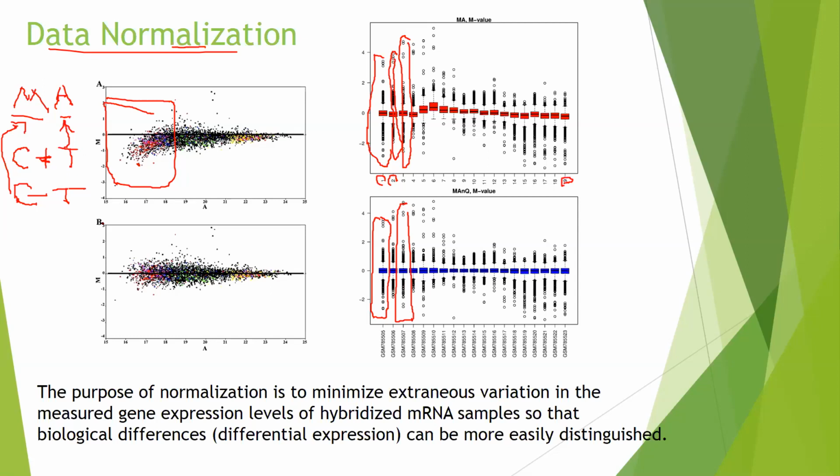After the normalization, if you plot your normalized data again using the MA plot, it is very nicely distributed. Everything is symmetric around this zero line. So any questions here?